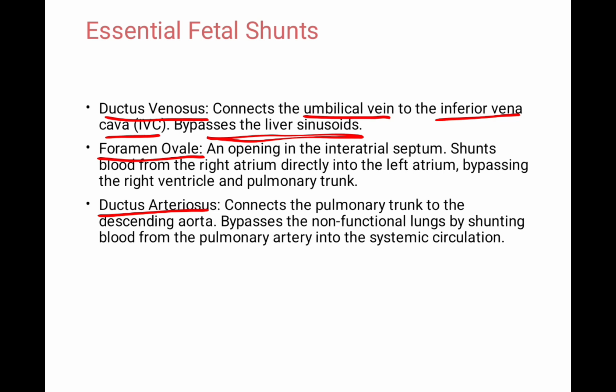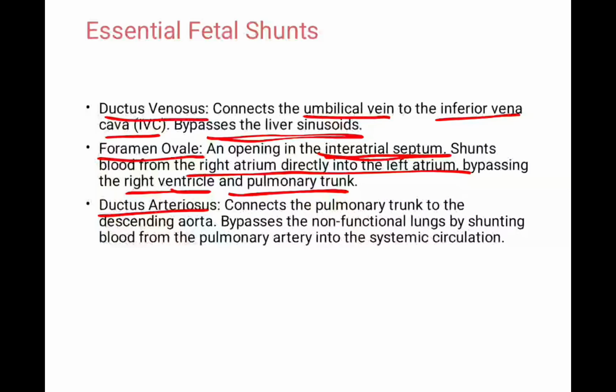We now have the foramen ovale, which is an opening in the interatrial septum, the septum between the right atrium and the left atrium. So in fetal life, there is an opening between the right atrium and the left atrium, which is not the case in a normal adult. This foramen ovale shunts blood from the right atrium directly to the left, thereby bypassing the right ventricle and the pulmonary trunk, because in the adult blood moving from the right atrium has to go to the right ventricle, then passes through the pulmonary trunk to the lungs.